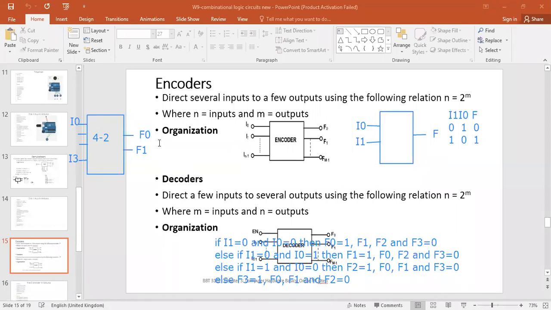The truth table will also be something very easy, where we just interchange what we did for the decoder. So I'll have I3, I2, I1, I0, then F1, F0.